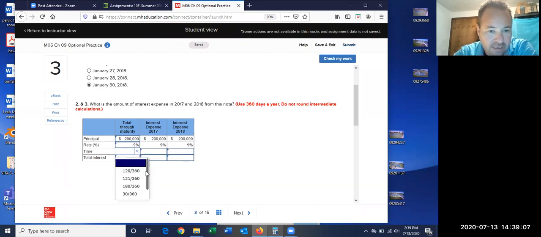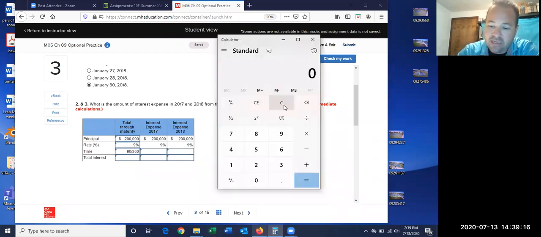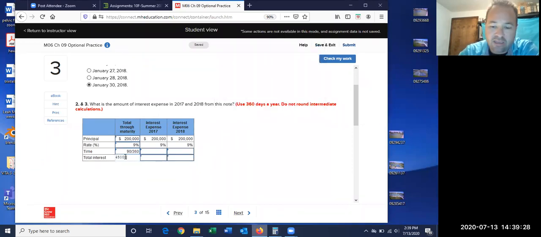So we got to find 90, and then total interest. So let's calculate that. 90 divided by 360, I always like to work backwards, times 9% times 200,000. So total interest we're going to pay is $4,500.